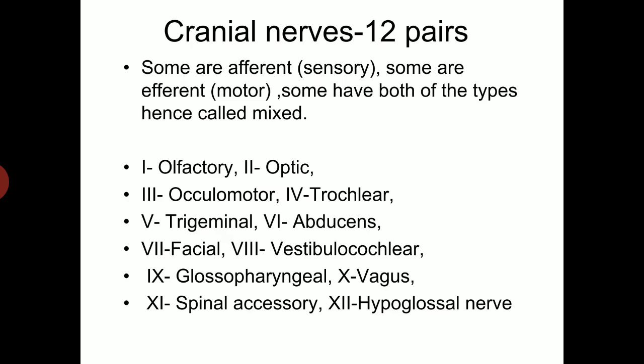First one is known as olfactory, second one is optic, third one is oculomotor, fourth trochlear, fifth trigeminal, sixth abducens, seventh facial, eighth vestibulocochlear, ninth glossopharyngeal, 10th vagus, 11th spinal accessory, and 12th hypoglossal nerve.